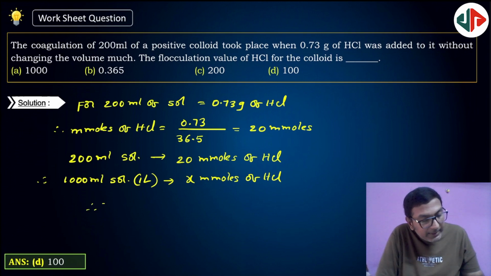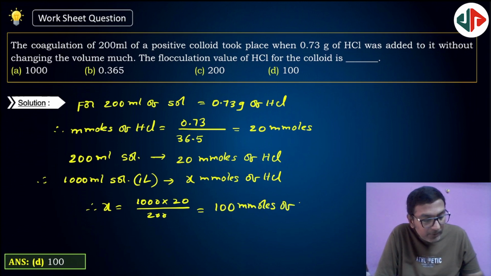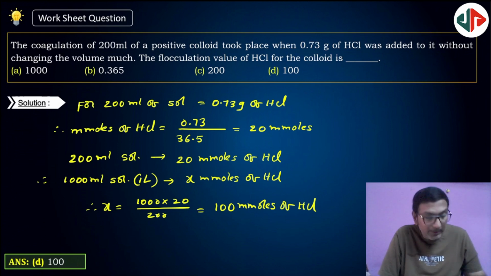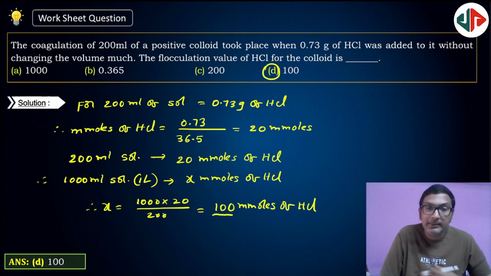So therefore X can be 1000 into 20 by 200, which is equal to 100 millimoles of HCl. So number of millimoles of electrolyte which is required for coagulation is known as coagulating value. So therefore 100 is coagulating value or flocculation value. So very important.